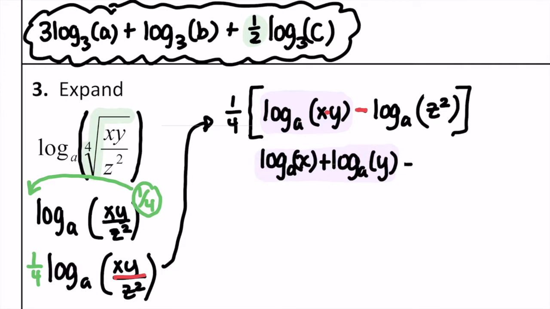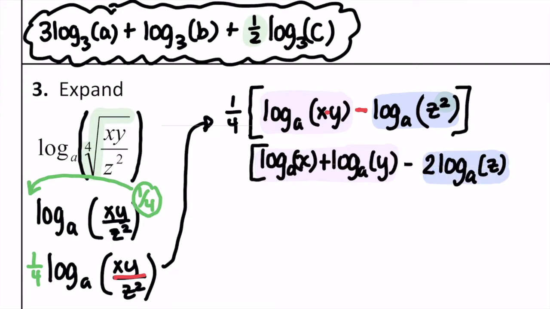Then the second logarithm that I see here, I want to take this exponent and move it to be a coefficient instead. So I'm going to write 2 log base A of z, because no exponents in expanded form. So I just rewrote it so that exponent was a coefficient instead.